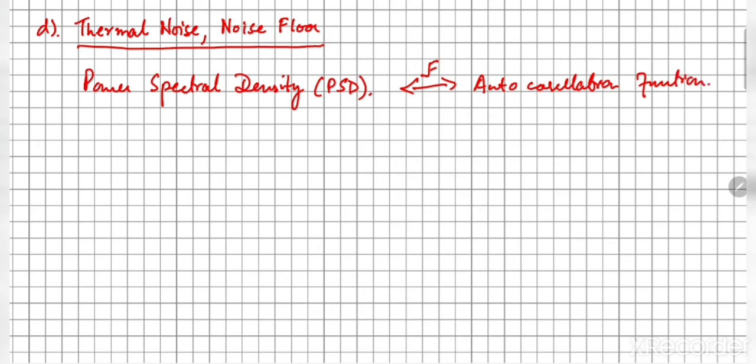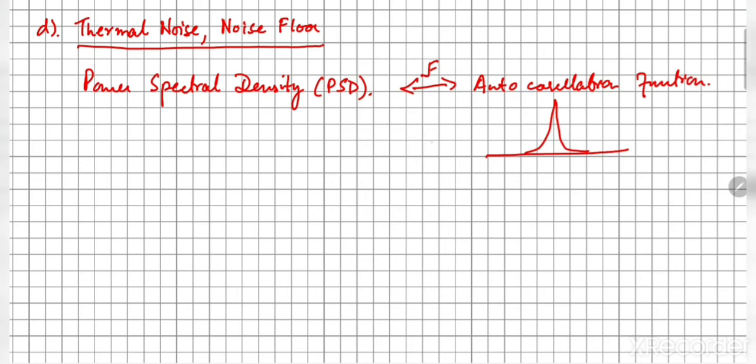If there is a random movement of electrons that is completely independent from one instant of time to the next, then the autocorrelation function will have a single spike at a lag of 0, and there will be no autocorrelation at lags greater than 0.